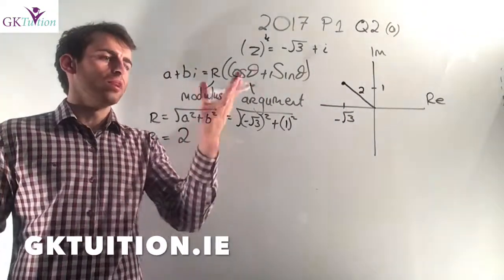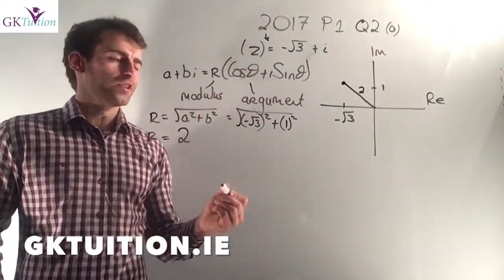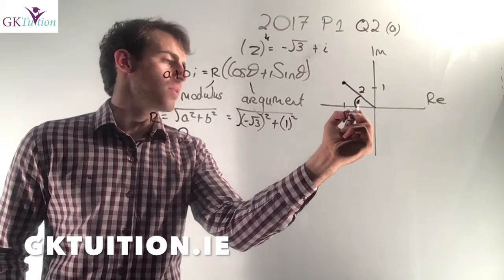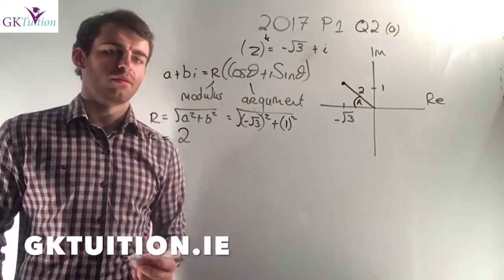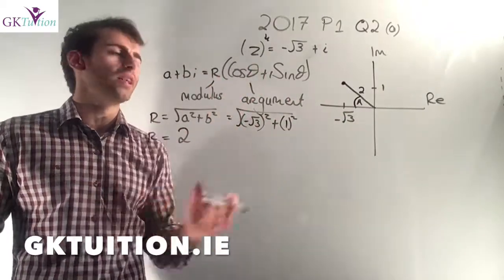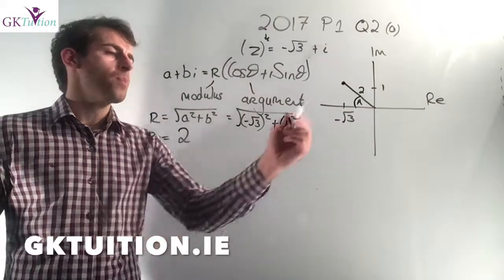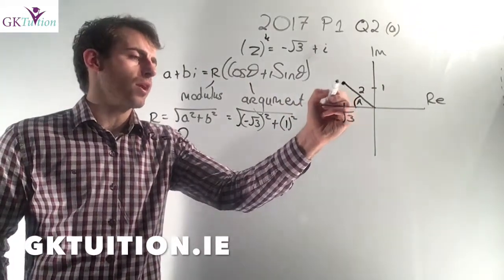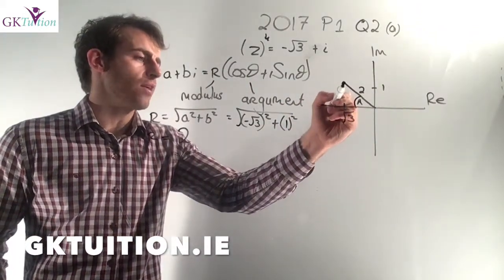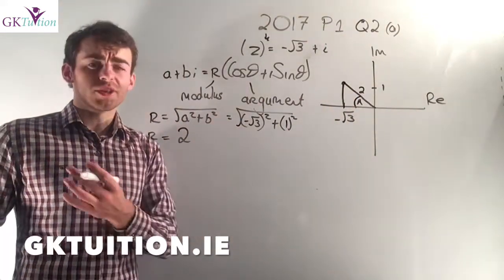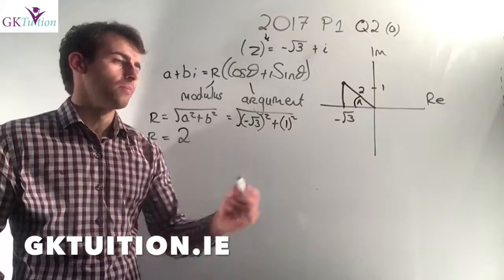Now in order to get the argument, the first thing I want to do is find this angle here. For the moment I'm going to call this the angle A. This isn't actually my angle theta, it's the angle A. In order to find the angle A, I'm going to form a right angle triangle. I'm going to draw a line straight down from my complex number to the real axis. Now you just need to think of Junior Cert trigonometry.